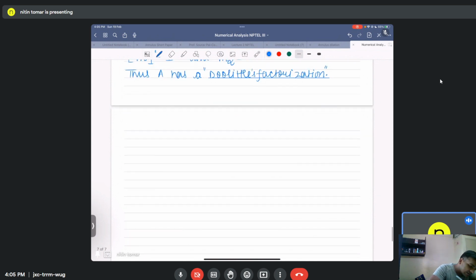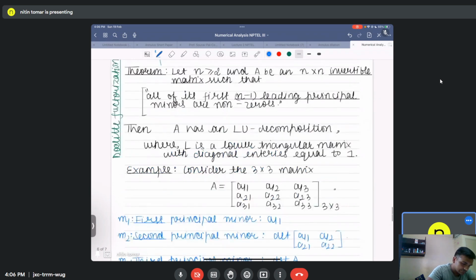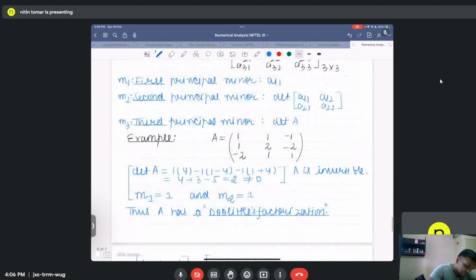Now, what does Doolittle factorization say? It precisely says that this matrix, 1, 1, minus 2; 1, 2, 1; minus 1, minus 2 and 1, can be written as a lower triangular and an upper triangular matrix.